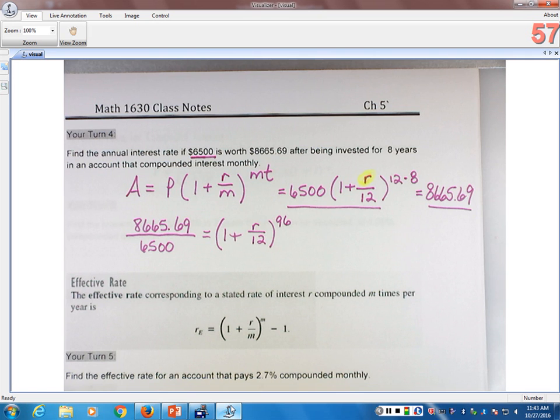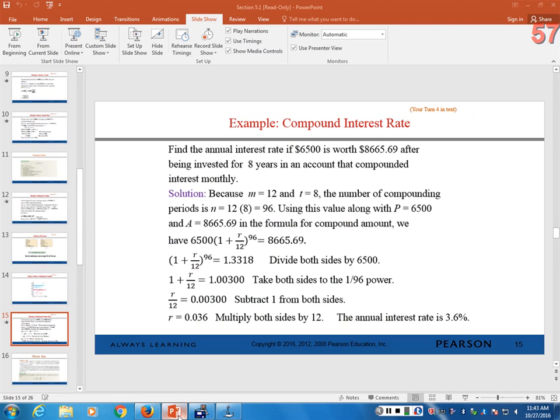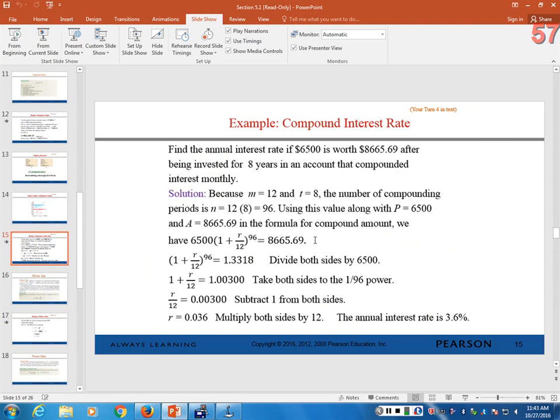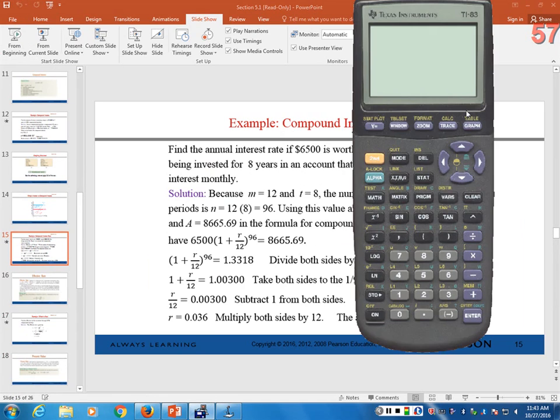Now the arithmetic at this point is going to get a little dicey, so since I'm going to run out of room, I'll go back to the PowerPoint. And if you take both sides to the 1/96th power, I'm going to show you on the calculator how to do that.